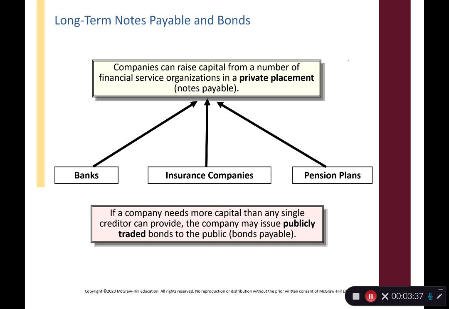Long-term notes payable and bonds are important to a company because it's one of the major ways that they can get themselves capital, their assets. Remember, they can get it from investors and they can get it from borrowing money. So a lot of times companies raise capital by borrowing money from either banks or insurance companies or pension plans.